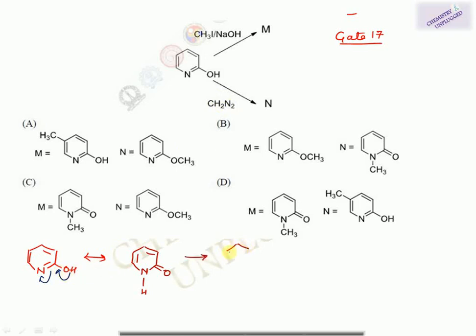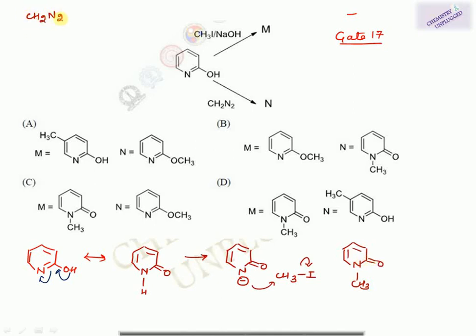First we will use this one. NaOH will remove this hydrogen and form this product. Then it will attack methyl iodide, on the CH3 group, and I minus will be removed. So this CH3 will attach to this nitrogen, and this will be the product M.